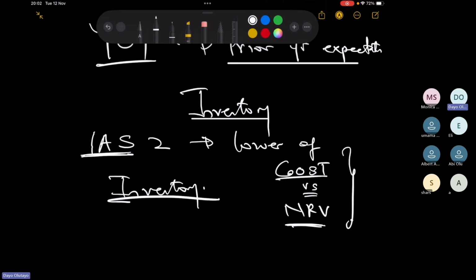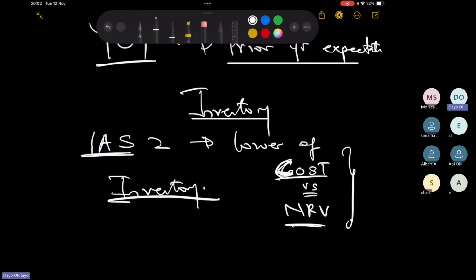You cannot carry your inventory at an amount that is higher than the cost, because you cannot have a figure as inventory more than the cost. That is the requirement of the standard.